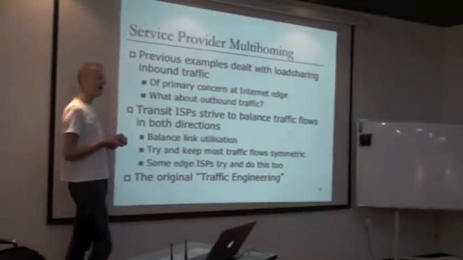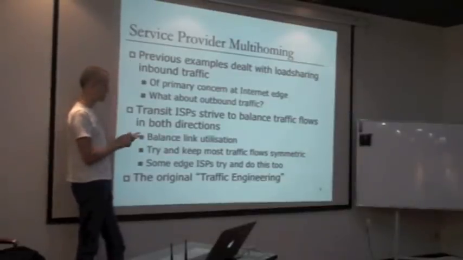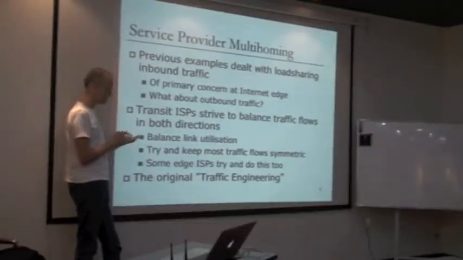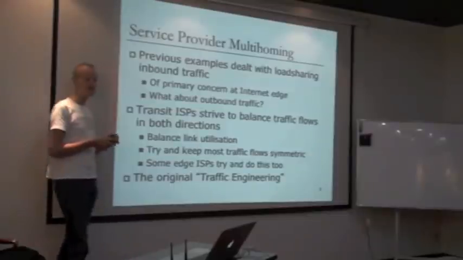Generally, an ISP multi-homing has maybe 2, maximum 3 external links. So we're subdividing our address space between these external links, as well as announcing the aggregate.